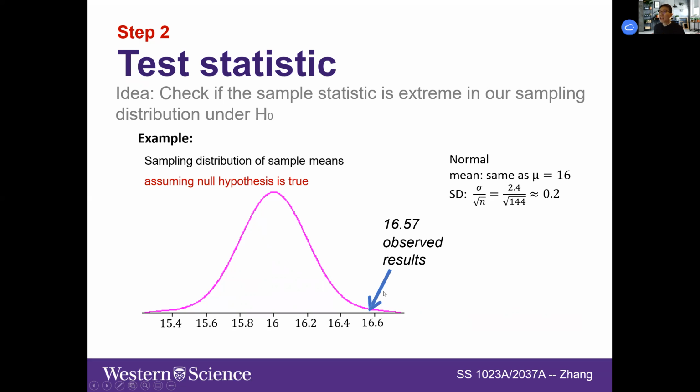Then we look at whether our data set is weird or extreme in our distribution. If our data set is very, very extreme, it is very likely that our null hypothesis is actually incorrect, because we shouldn't expect to get very weird data, right? So that's the idea in hypothesis testing.